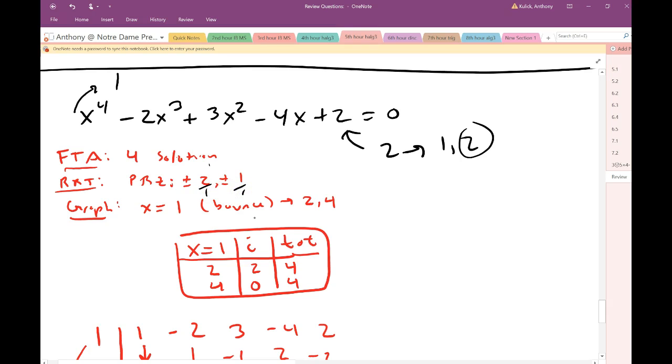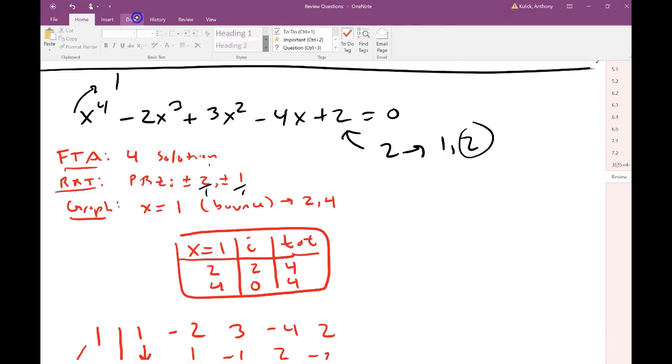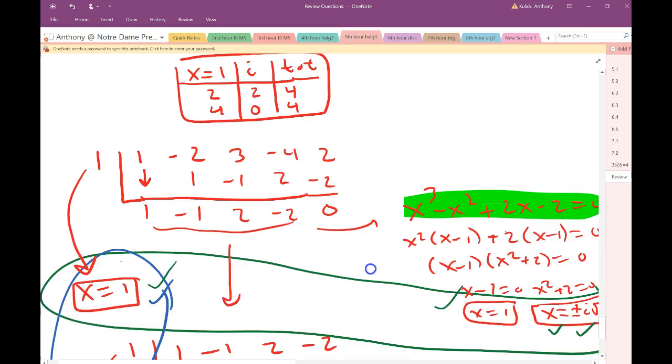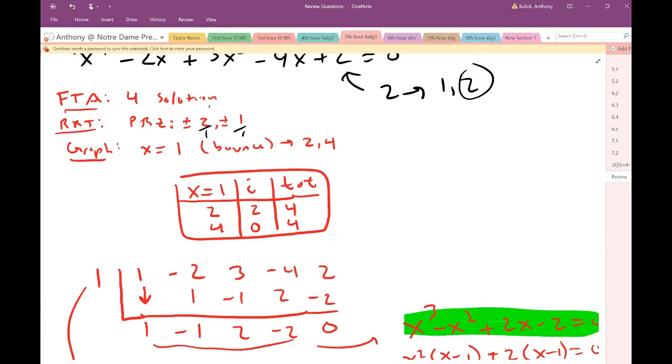I just didn't write the over 1 part. Claudia? I saw that x equals 1 was a solution from looking at the graph. So when I looked at the graph, it looked like this.